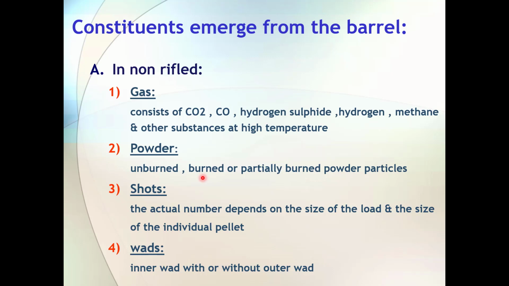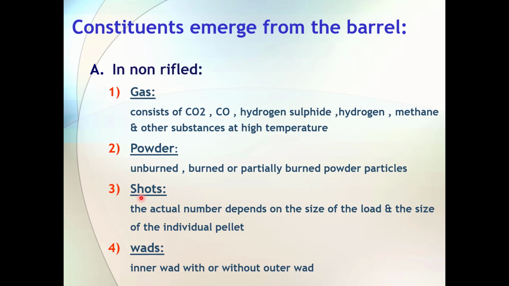The blackening of the skin surrounding the inlet can be removed by cotton, because this is smoke. But unburned powder particles will pass to the dermis and lead to tattooing, and this tattooing can never be removed by cotton. So unburned powder particles lead to tattooing, and burned powder particles lead to blackening of the skin surrounding the inlet.